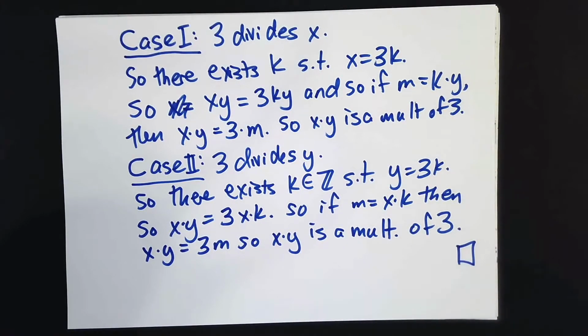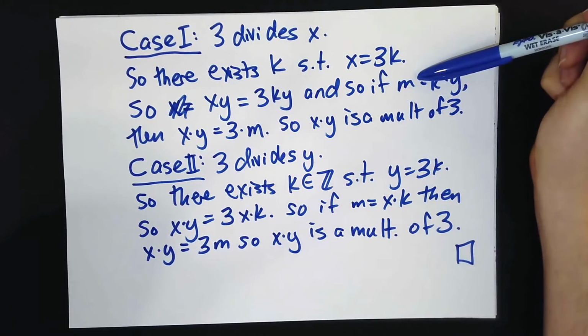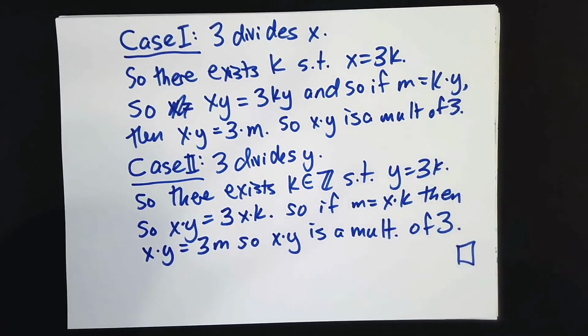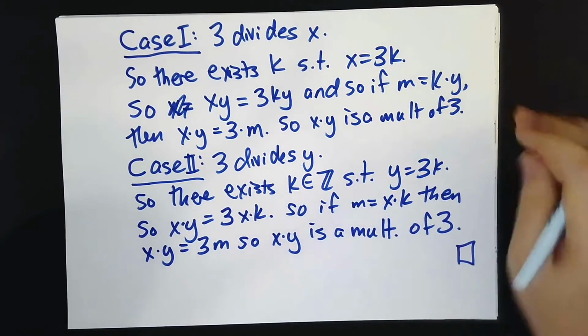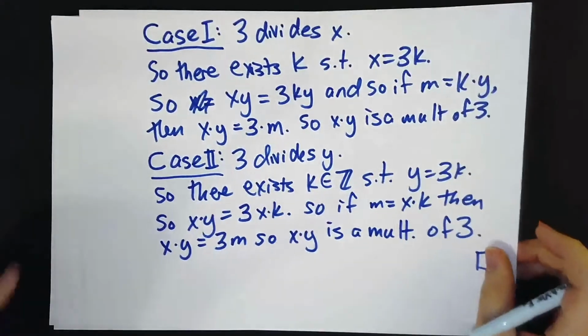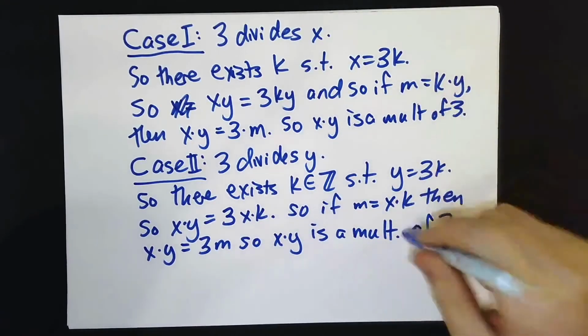Now, the astute among you might notice that the proof of this case and the proof of this case are almost identical. And so, in a sense, maybe we wasted our time writing down both of these. There's a fancy mathematical phrase that we can invoke in order to avoid writing down both of these.